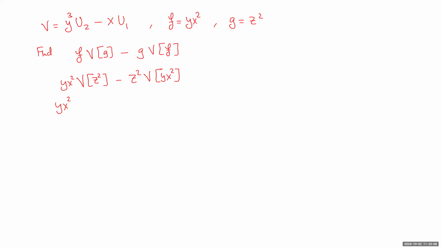This is the directional derivative. This is the directional derivative of z squared in the direction of this vector. So remember, what we will do here is we will differentiate this.